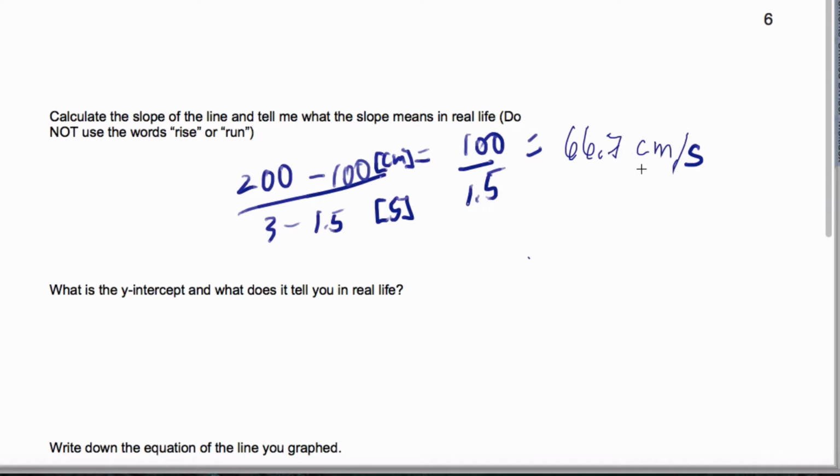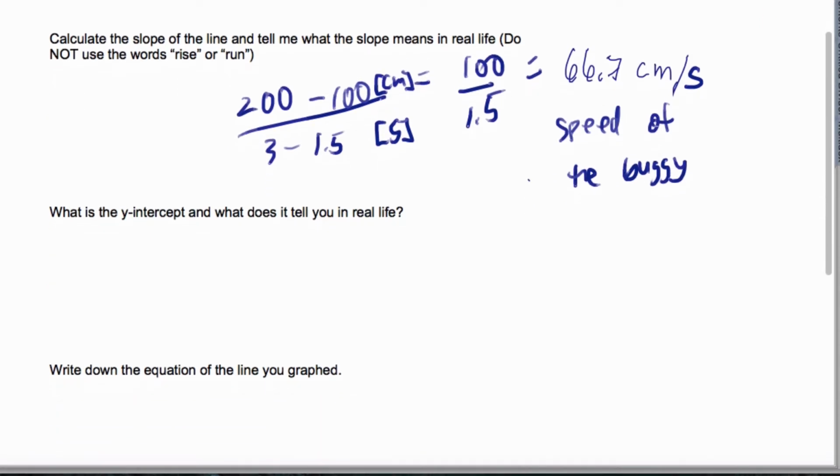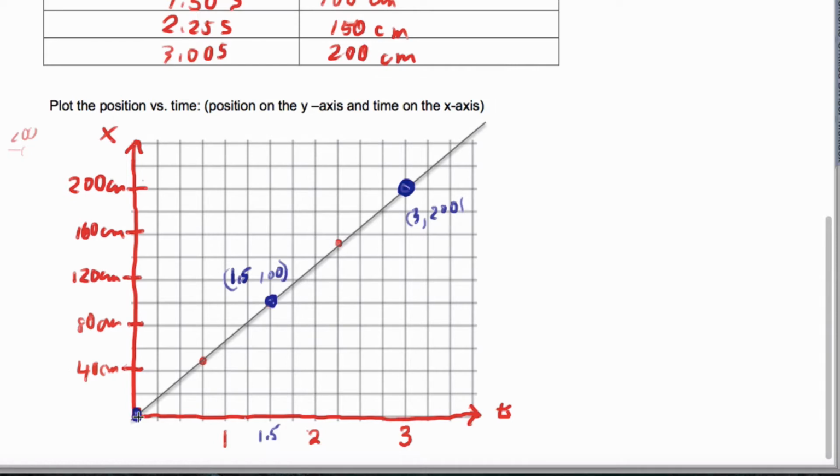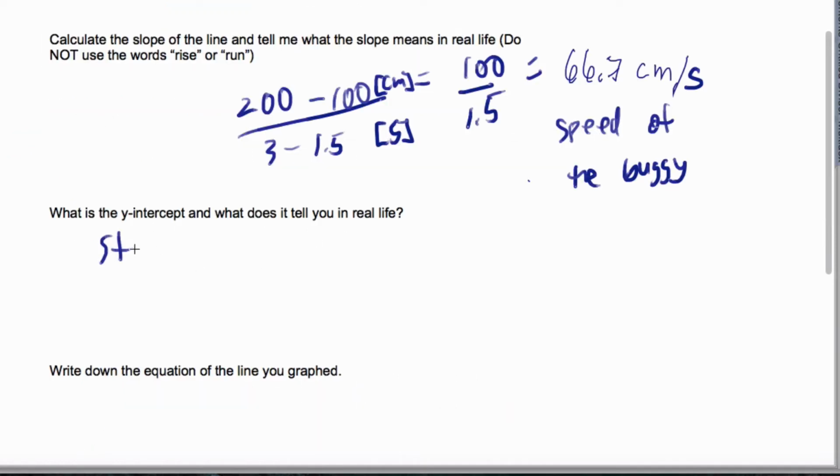And what the slope tells us in real life is the speed of the buggy. And what the y-intercept tells us in real life is the starting point, or the initial position.